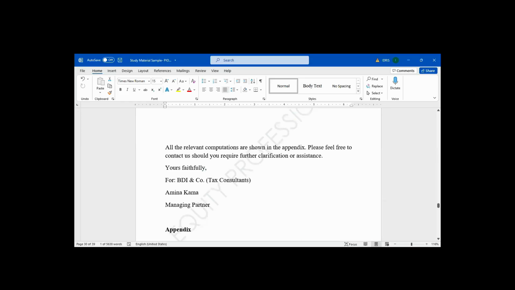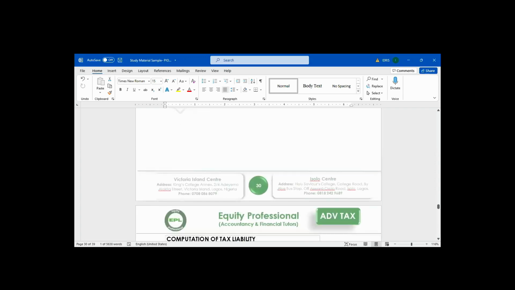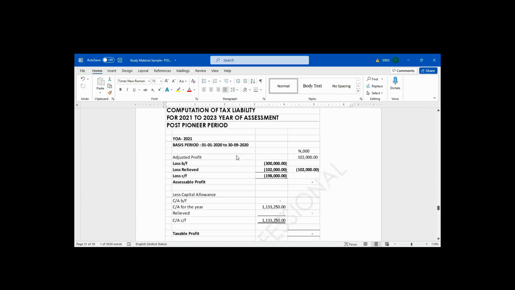You need to let them know that the company can contact you in case they have further clarification or any assistance, and you close your report. Your workings in this question carry marks too, but it's an appendix to this report.